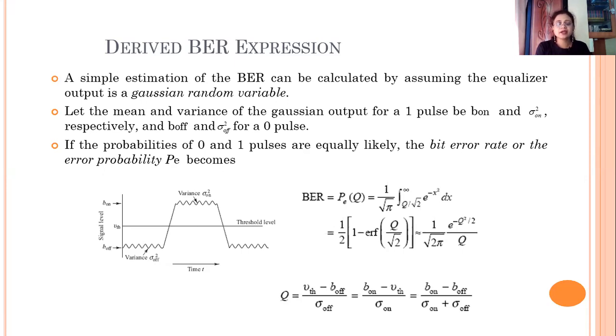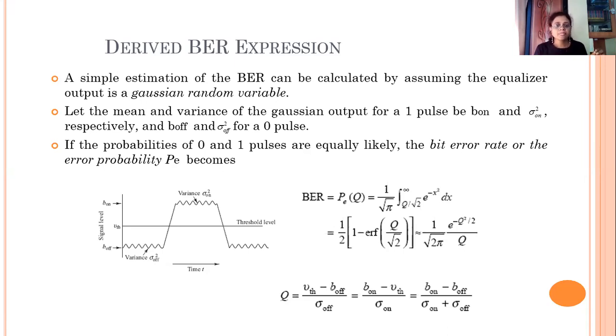Understand, these are the mean and variances of this Gaussian output of the equalizer, which is taking this decision and giving us the output, whether bit 1 or bit 0, based on the coming signals. So being Gaussian in nature, we are considering two of its parameters, the mean value and the variance for bit 1 and bit 0.